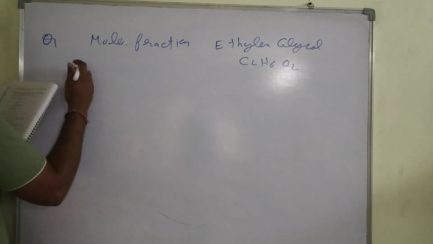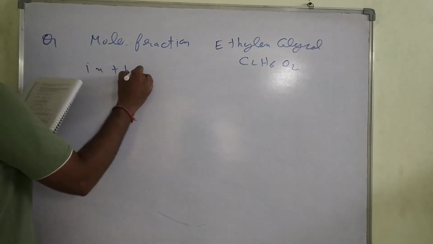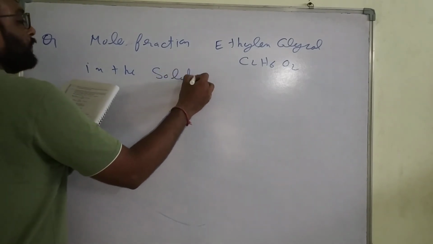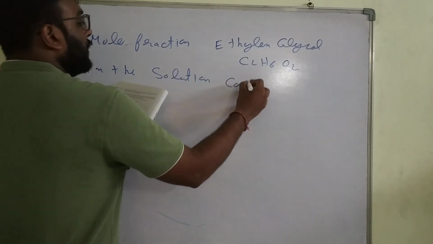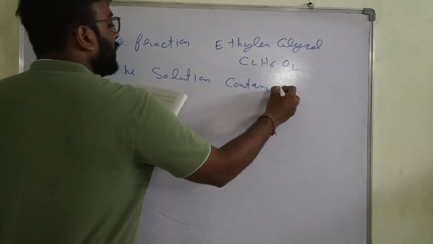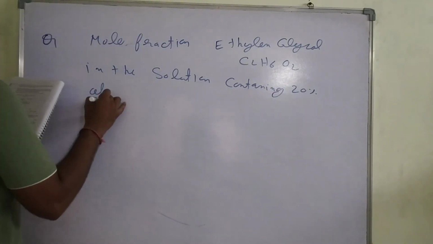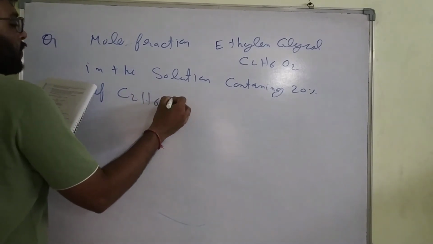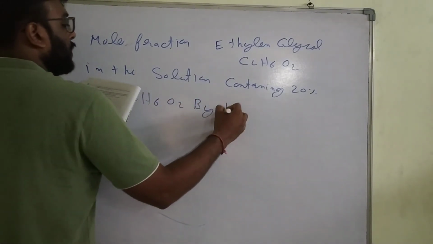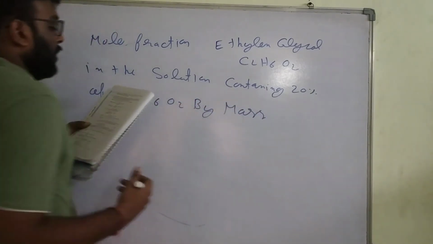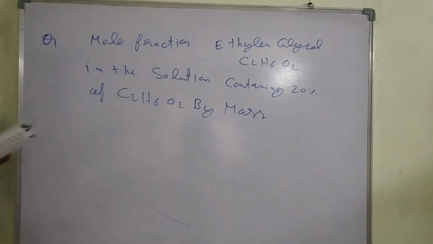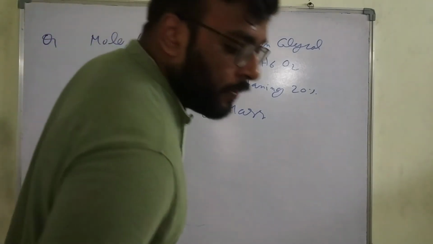I am explaining the ethylene glycol in the solution containing 20% of C2H6O2 by mass.